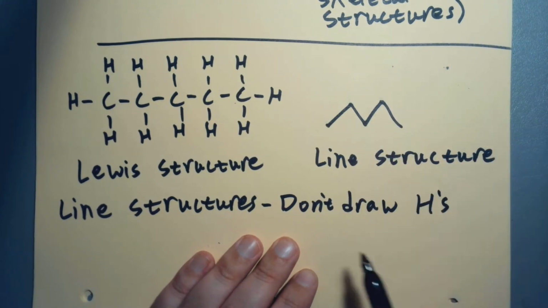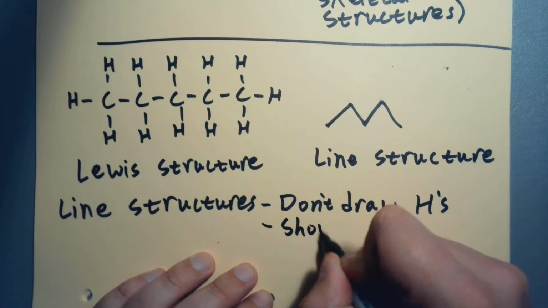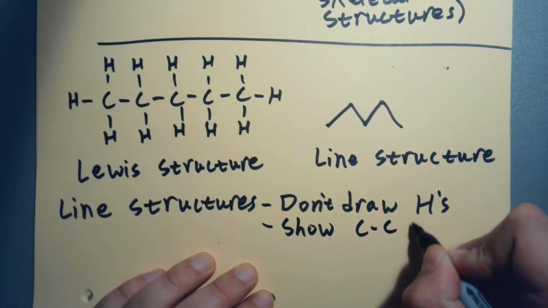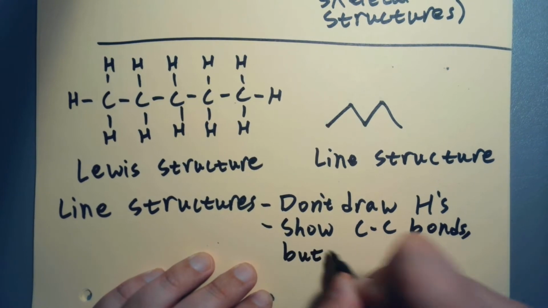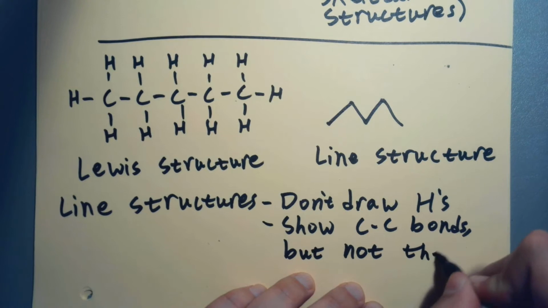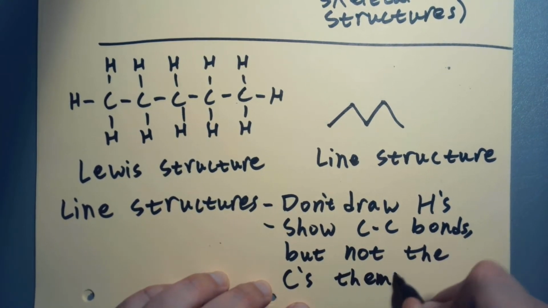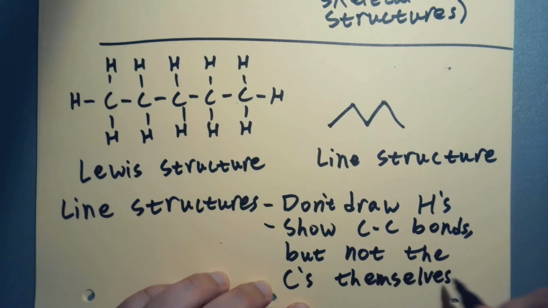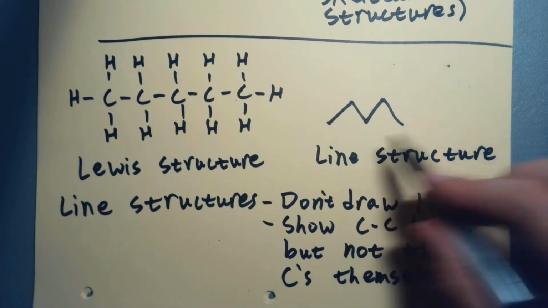I'm going to break this down in a minute, but we show carbon-carbon bonds, but not the carbons themselves. And we'll talk about how we handle other elements later, but for now we're just dealing with carbon and hydrogen. So essentially we just draw lines.